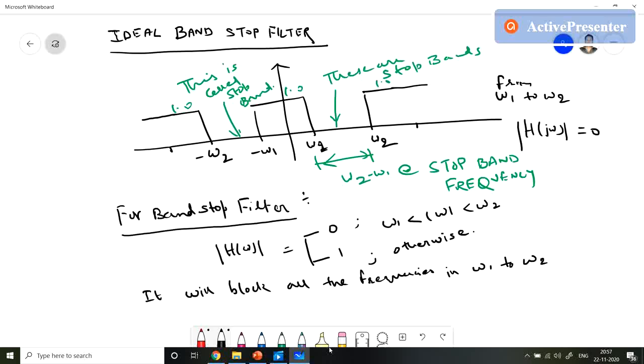It will block all the frequencies in omega 1 to omega 2 and minus omega 2 to minus omega 1. It will stop all these frequencies. So this is called the ideal band stop filter.